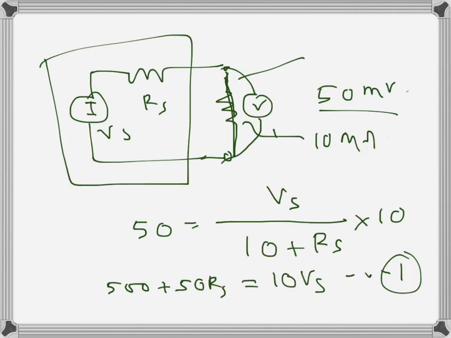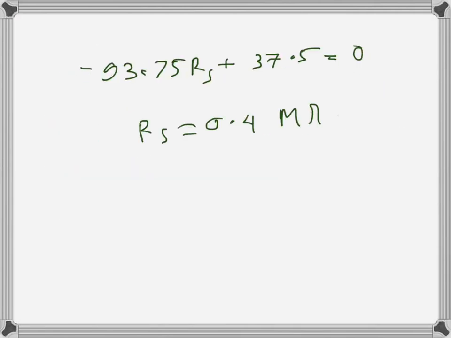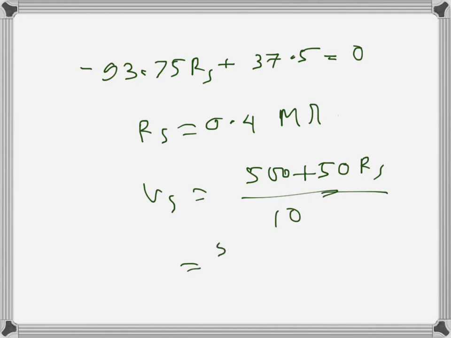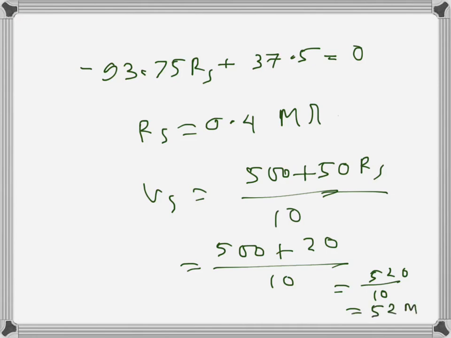Vs over 10 equals 500 plus 50 Rs, so 500 plus 50 into 0.4, that's 20, so 520 divided by 10, that's 52 millivolts. Sorry, millivolts, it will be lowercase because it's milli. So Vs is 52 millivolts. That's the voltage generated by the DC voltage source.